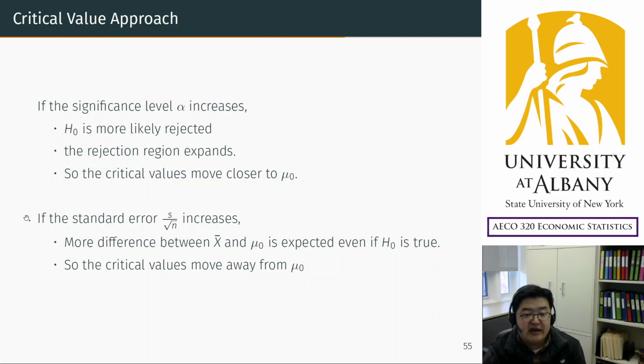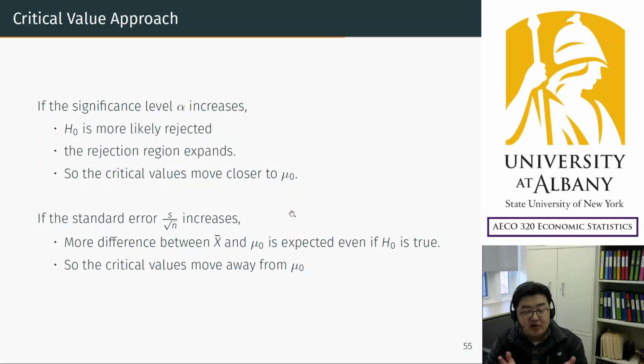And if the standard error increases, then the critical values also increase. They move away from the null hypothesis. In other words, the margin of error increases. You have to allow more margin because the standard deviation is larger, which means there is more noise in the data. So the mechanism is pretty similar to the confidence interval.